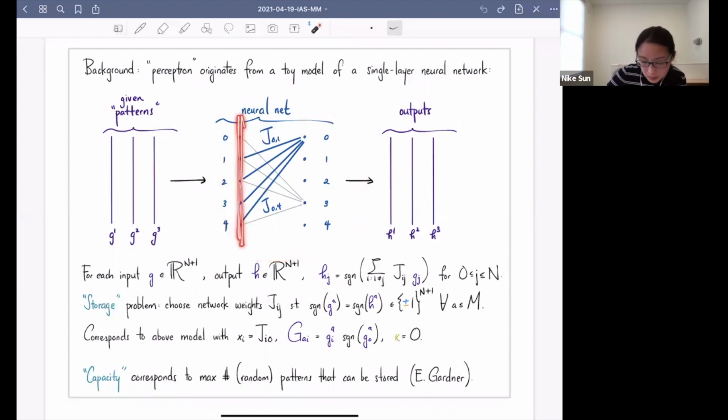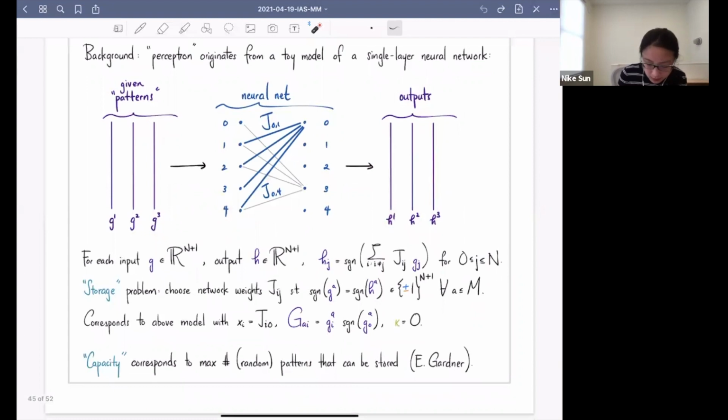So you feed information into each one of the nodes here, and then the network is supposed to do something, and then it will output a vector here. So it takes in a vector of length n+1, according to this model, and outputs a vector also of length n+1. And the rule of the network is the following.